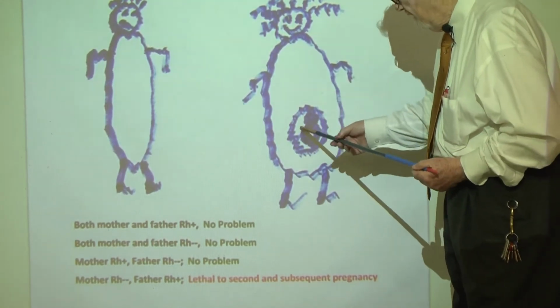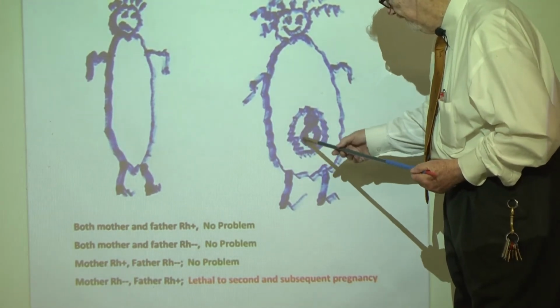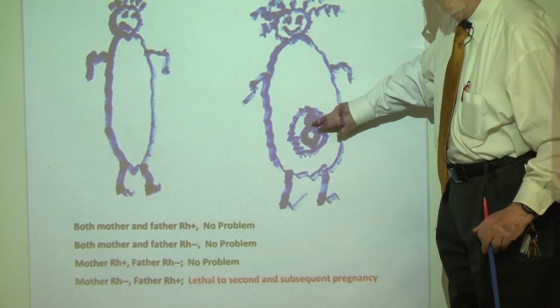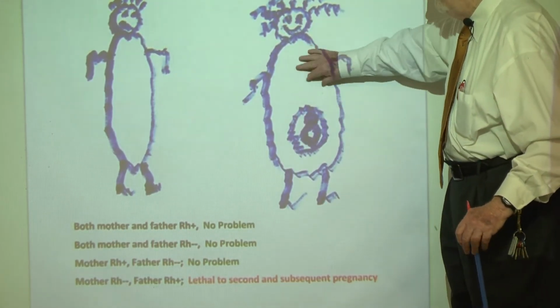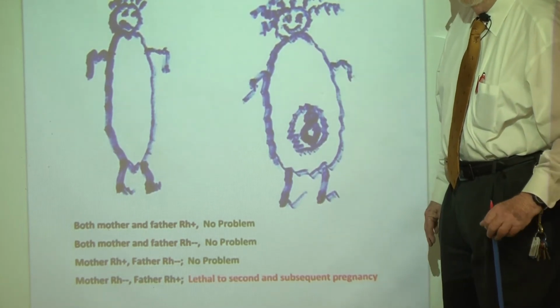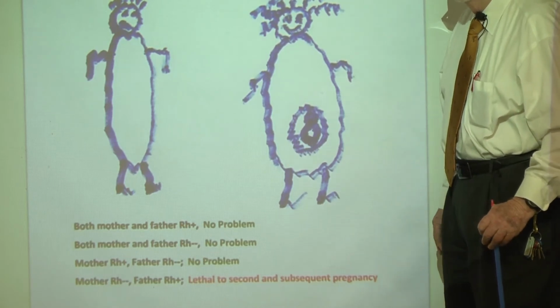That means that there are proteins, antigens, down here, or foreign proteins that make up the body and the blood of little Molly Fred that are foreign to Mama. Oops, all of a sudden we have something that shouldn't be in her body that her immune system will attack.